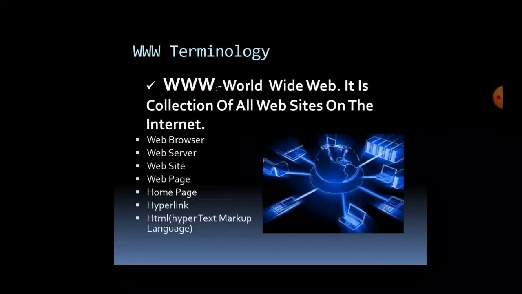And last is HTML. HTML is HyperText Markup Language. It is a standard coding language used to create web pages. It is a set of markup codes or symbols that tell the browser how to display a web page.